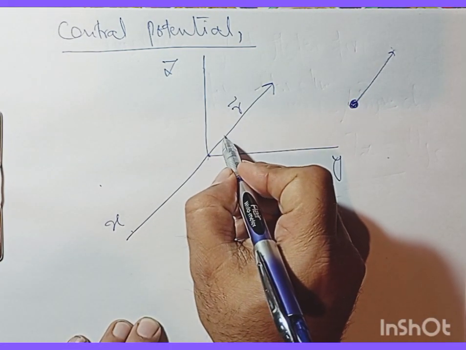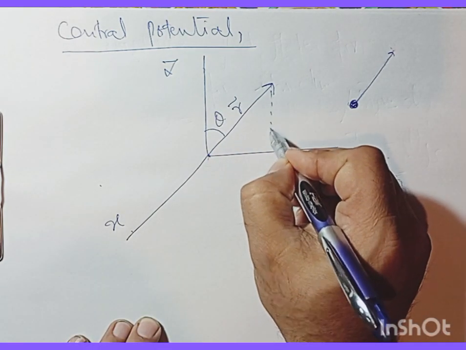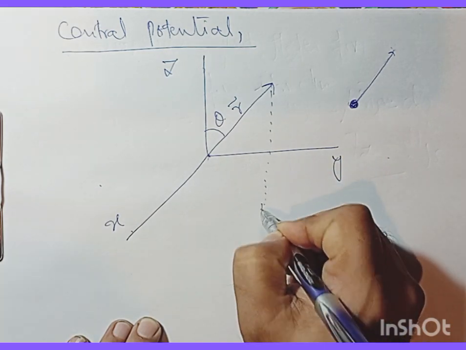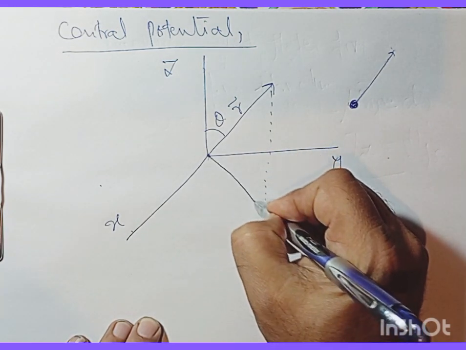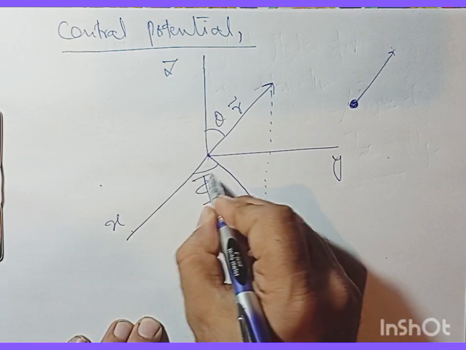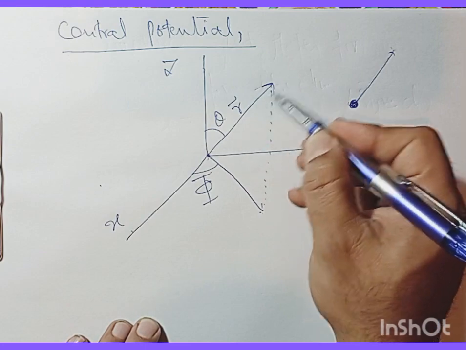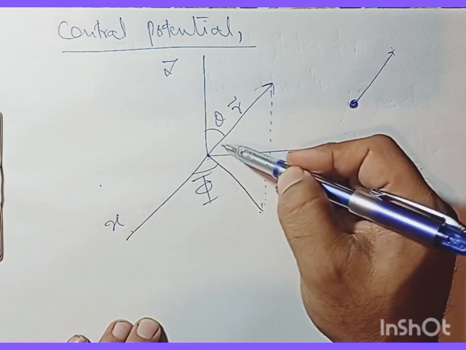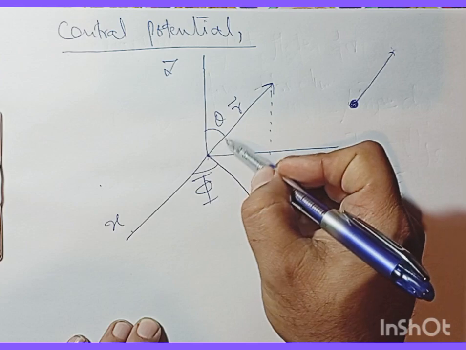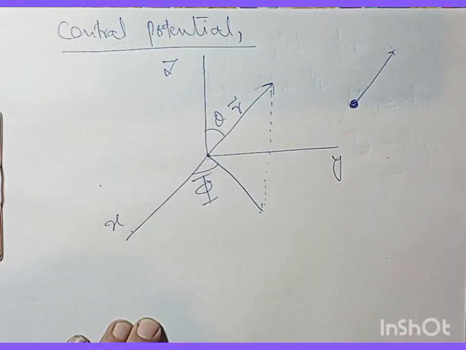Then this angle is theta, and if I make a projection of r on the xy plane, the projection makes an angle phi with the x-axis, which is called the azimuthal angle. This r can vary from 0 to infinity, theta can vary from 0 to pi, and phi can vary from 0 to 2 pi.